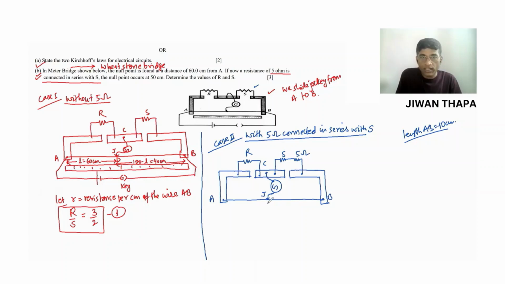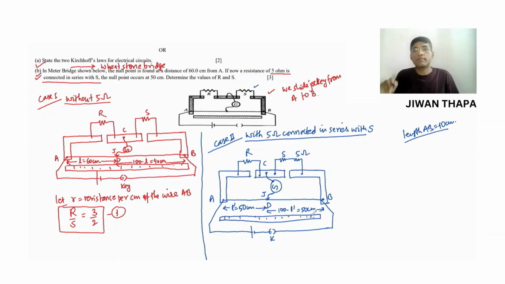So let's call it D. L is, let's say this is L dash, this is 50 centimeter. So the remaining length, 100 minus L dash, is also 50 centimeter. So we have this, and we have the battery, okay, and we have the key. So I'm closing the key, okay. So we have this, and we have a scale.